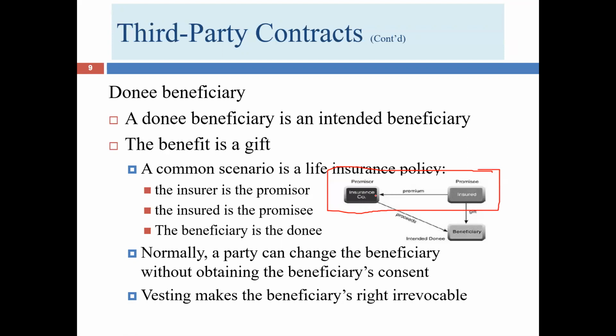So we do allow the beneficiary to sue if the insurance company refuses to pay. So this is, again, the situation. The promisee is the insured. Of course, we're talking about the promise to pay the proceeds from the life insurance policy. The insurance company is a promisor, and the named beneficiary, the person that the insured has specified, is the Donee beneficiary. He can sue.